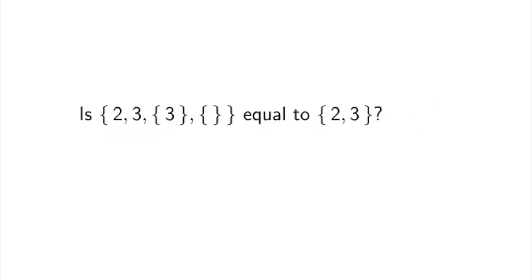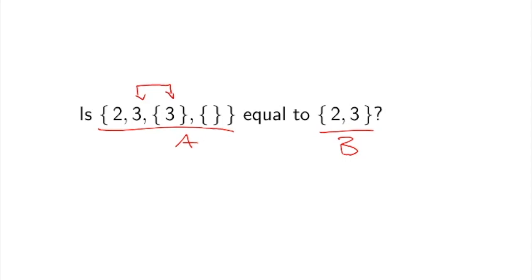So a final example to leave you with, have a think about this before I tell you the answer. So pause this video, but here, is this set over here equal to this set over here? Now, you might think that, okay, so we've got 3 over here and then 3 over here, so we can cancel out the 3s. But this is not the case.